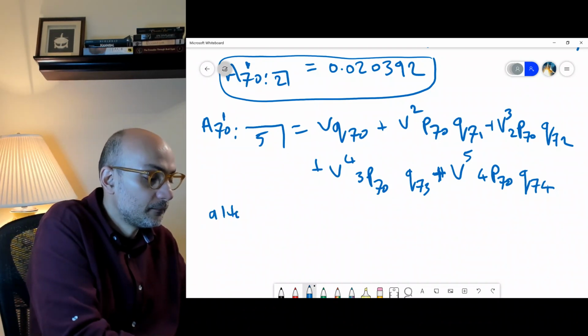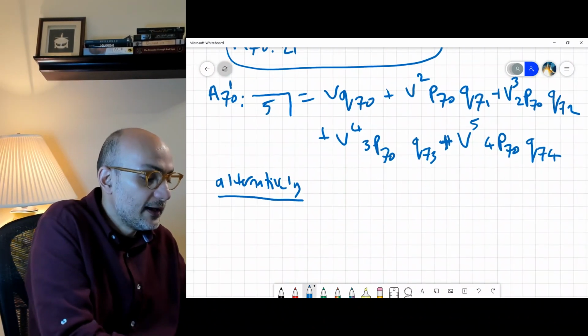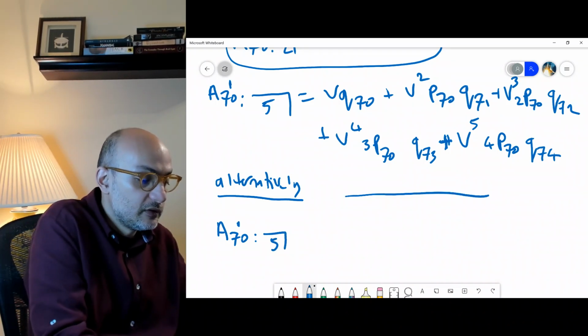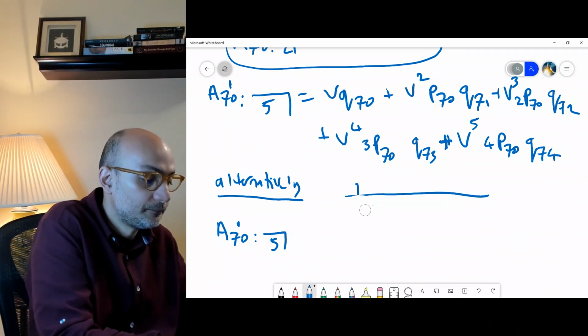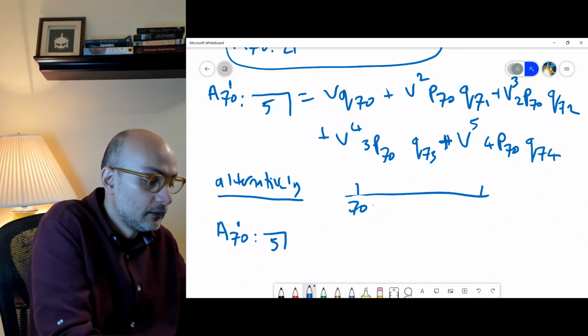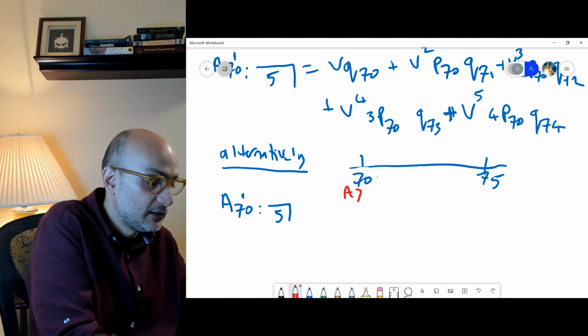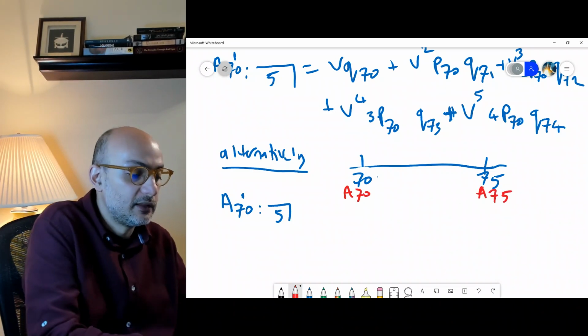Alternatively, you can calculate this one if you remember the relationship we looked at last time, right? So this is A70, sorry, this is 70. Is 75. Now here you can calculate A70, A75 provided to us by the table.